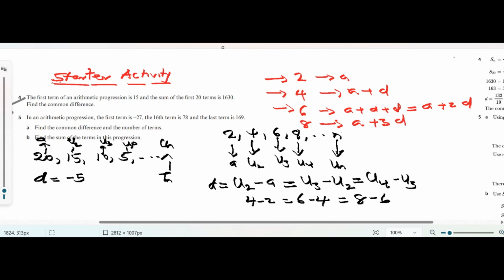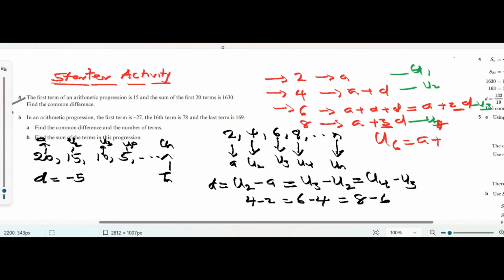If you look at it closely, if I want to write the sixth term, U6, it should be A plus how many D? You can see here that when it is U3, the D is 2. When it is U4, the D is 3.